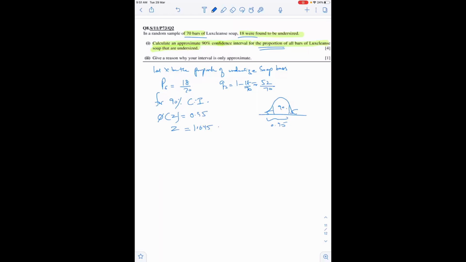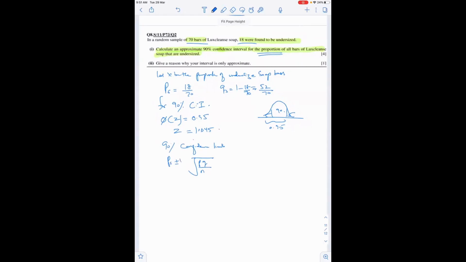For a 90% confidence interval, write 90% confidence limit here. Instead of Z, you can write 1.645 here or in the next step.